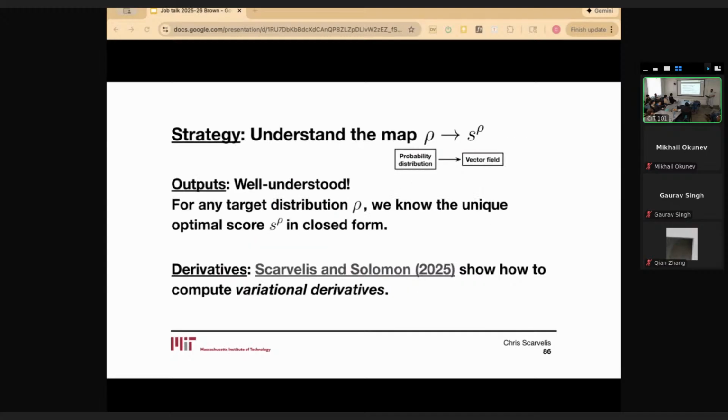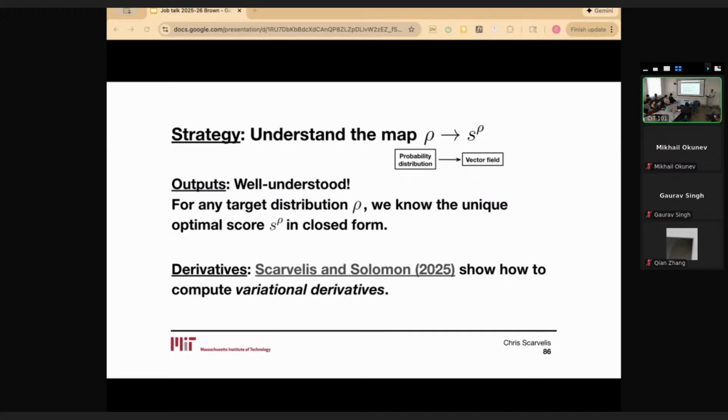Turns out that we actually already know quite a bit about this map. In particular, we know that for any target distribution, there's a unique optimal score function. And so we know what values this map takes on. However, until recently, we knew very little about its derivatives. Now, these derivatives would tell us how an optimal score function might change as you slightly perturb its target distribution, which is a critical quantity to study if we want to understand how diffusion models depend on the training data.